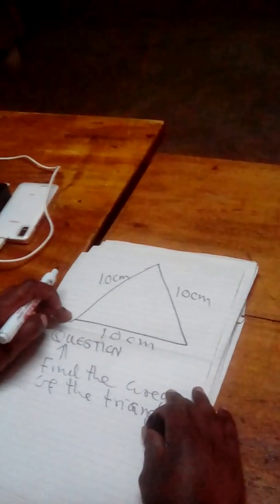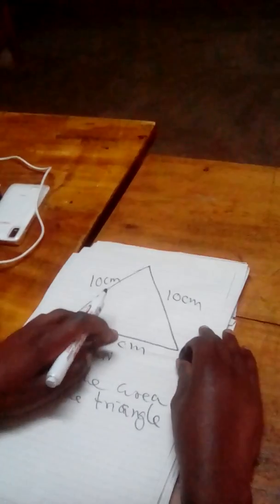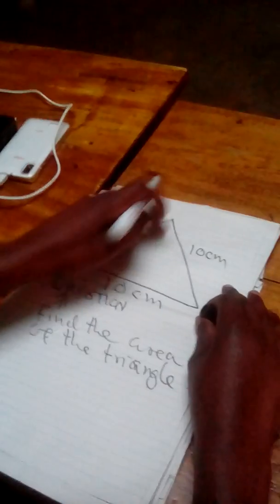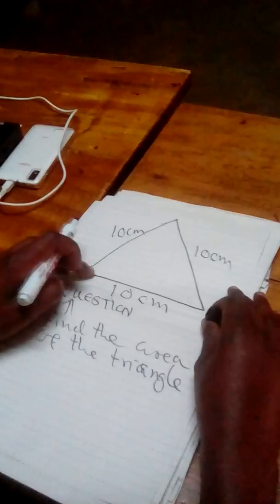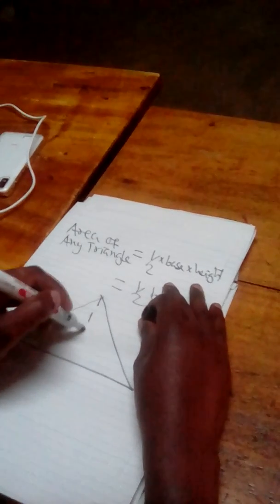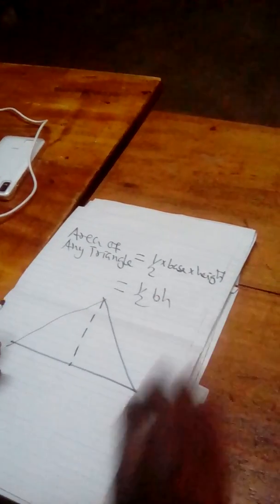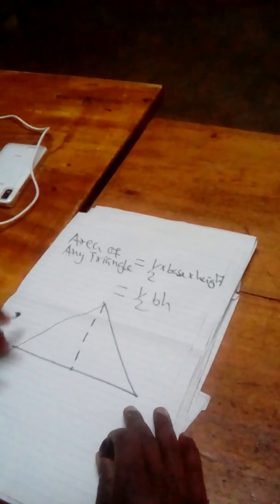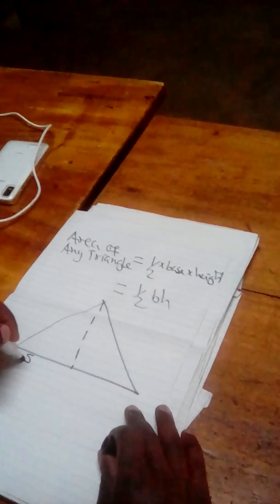Looking back here, this shape here, the base could be this, and the height is supposed to be here. And the height should be perpendicular to this base. Now, in order to apply the Pythagoras, you need to reconstruct this figure, and then you construct a line here, so that the line will divide this line into two equal portions.